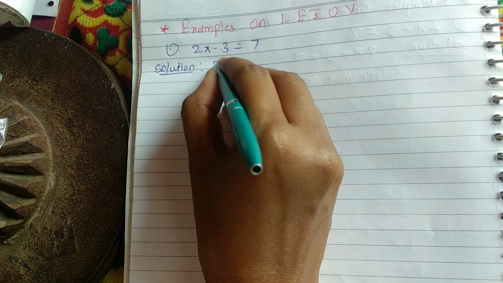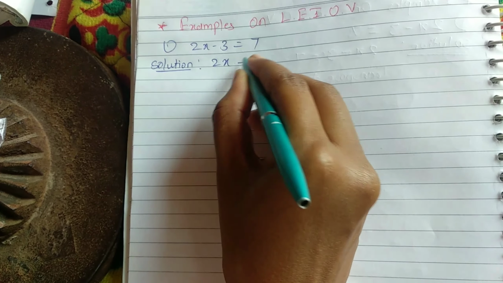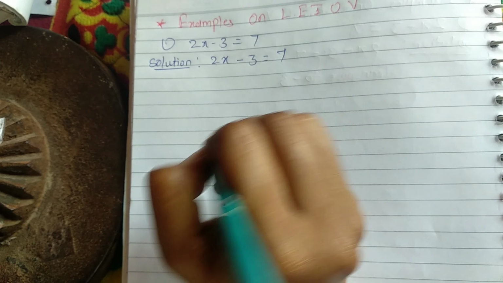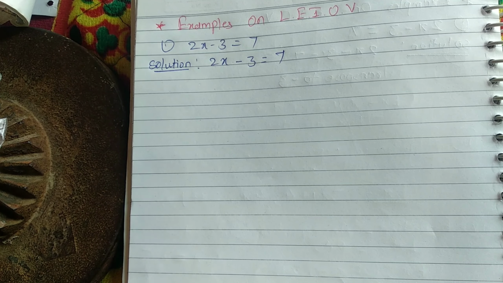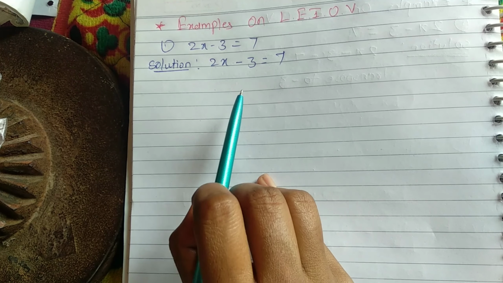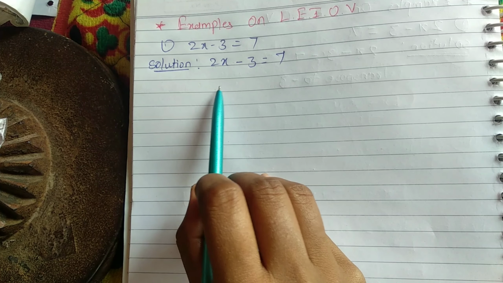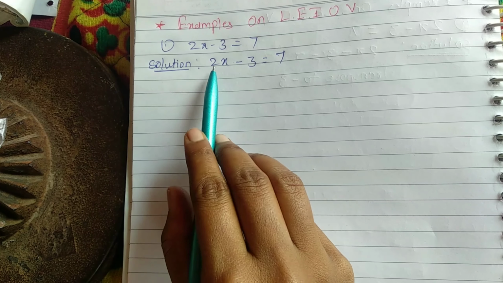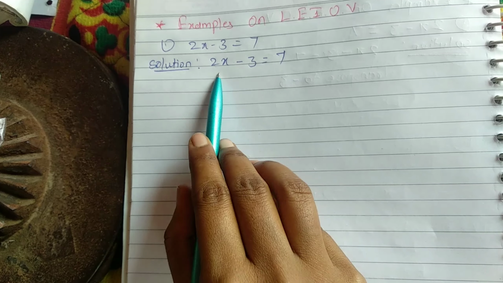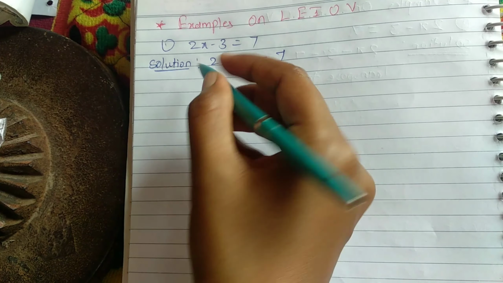First write down the equation as it is: 2x minus 3 is equal to 7. In this method, we have to keep constant terms separate and variables separate.